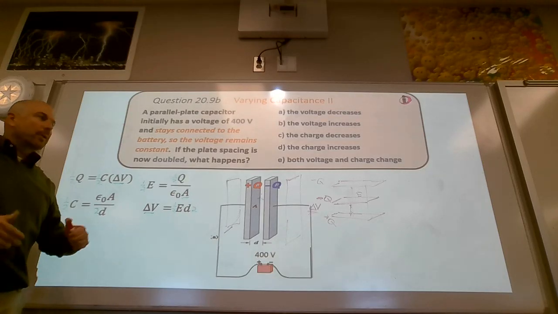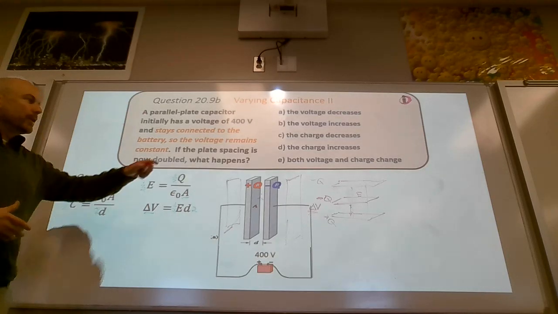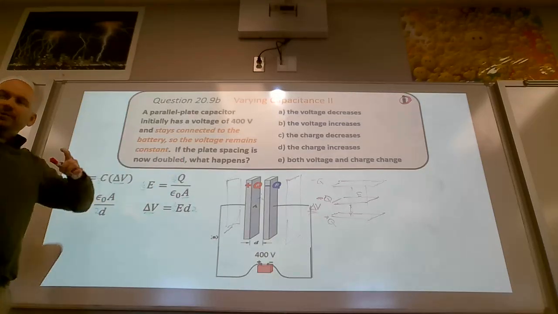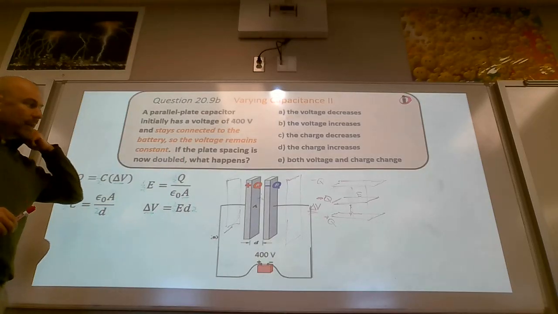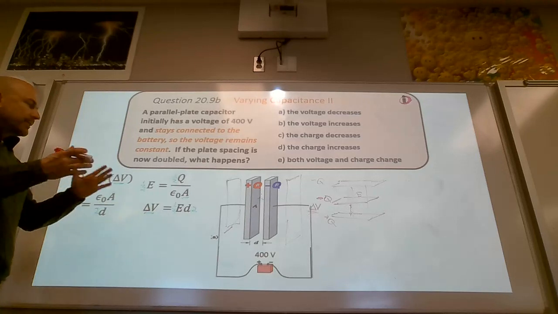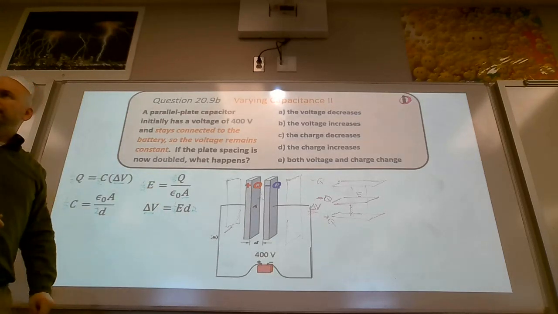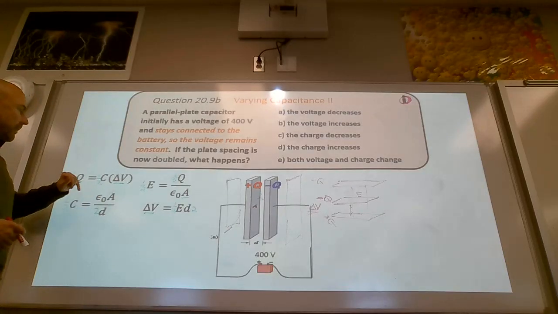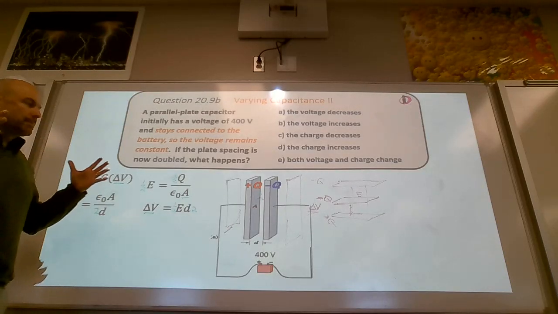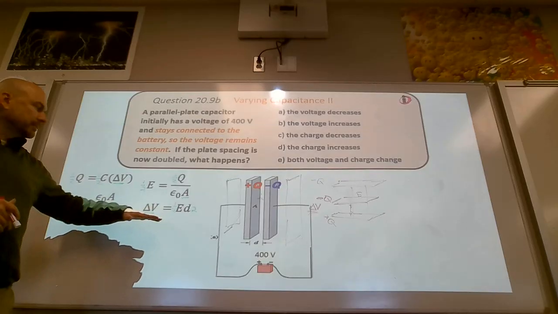So we're kind of going backwards. We can do this mathematically, but conceptually we need to start with the fact that the voltage is going to stay the same, but the charge decreased as you pull these apart.